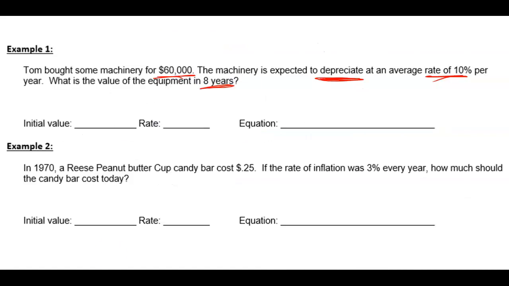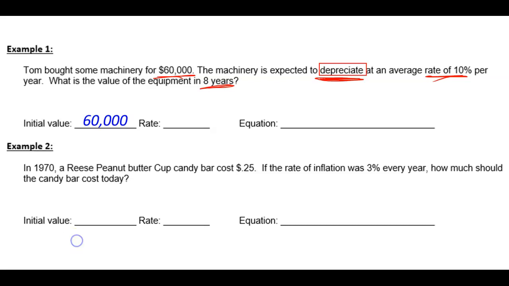What is the initial value? Everybody, what's the initial value? 60,000. What's the rate? 10%. Now, is it positive or negative if it says the word depreciate? When you think of depreciate, you should think of a negative value. You're losing value over time, right? It's a negative 10%.